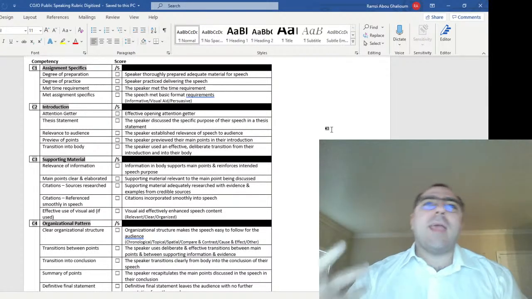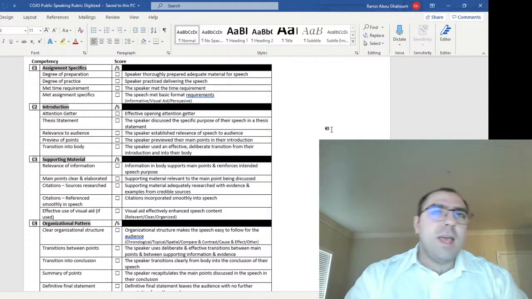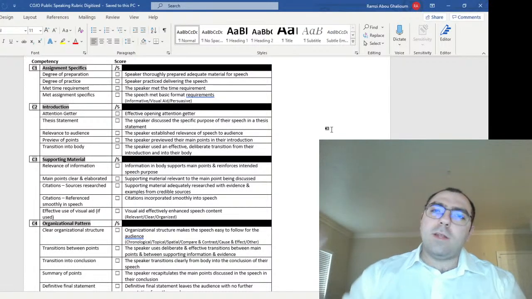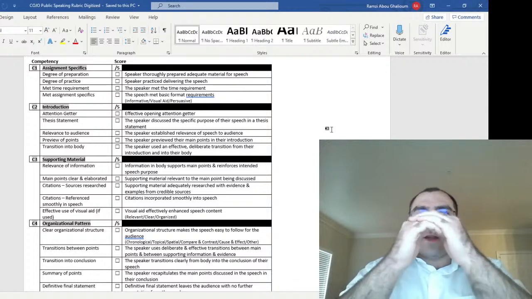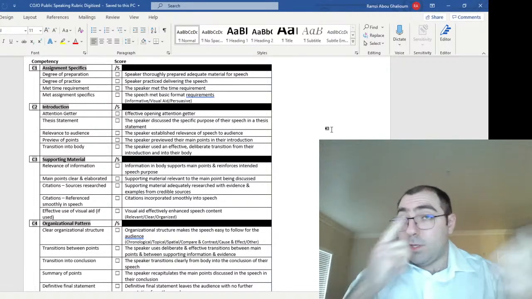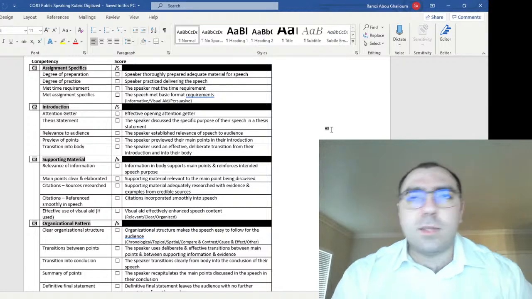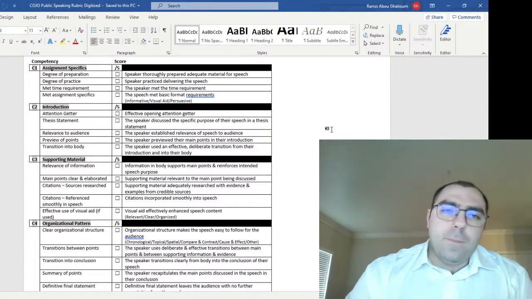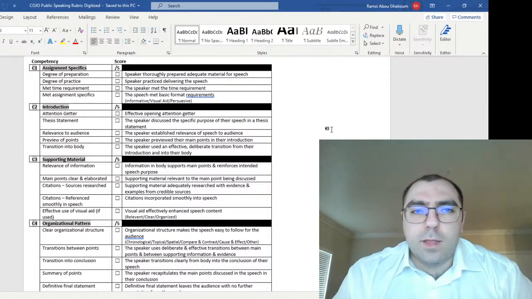And for the most part, again, everything sort of falls into a bell curve. You're going to get the people that don't give a crap. You're going to get the people that go above and beyond. And then you're going to get the people that are going to take the class seriously. They're going to do the work that they need to do, and they're going to be done. And that's fine. I'm more than happy if you at least put in the effort that I expect of you in this class.